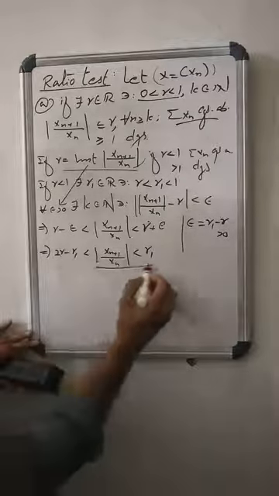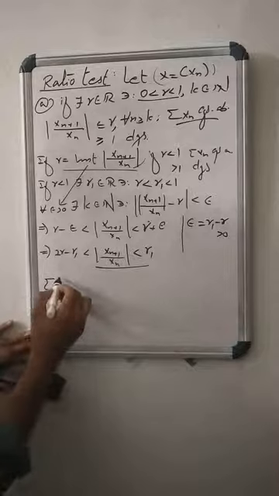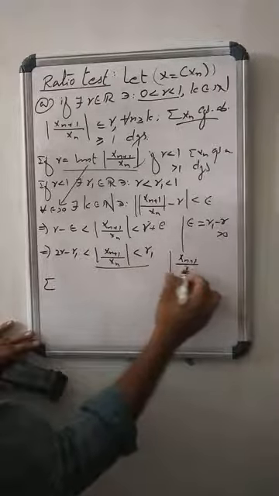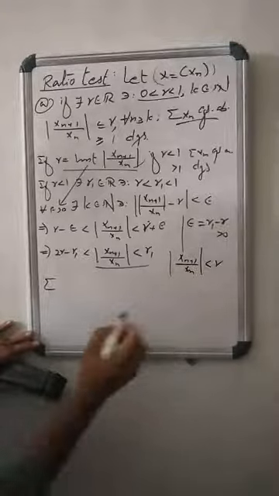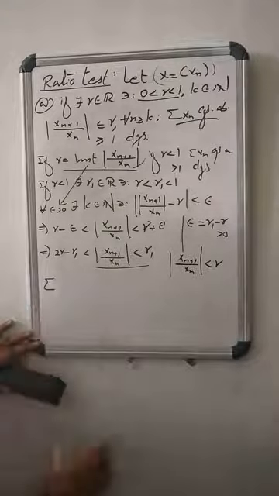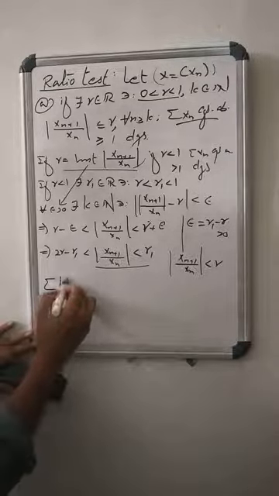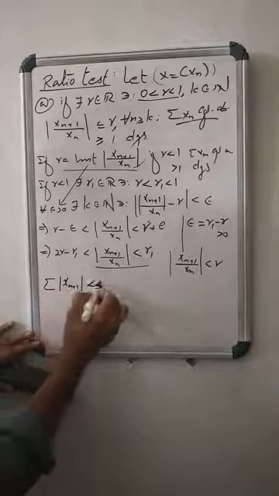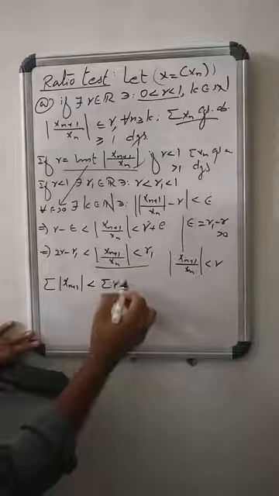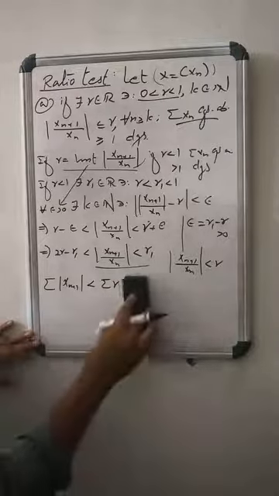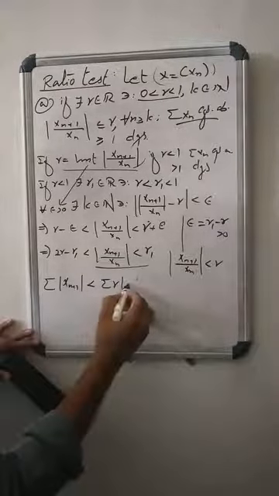Come to the right side inequality. Consider modulus of xn plus 1 by xn strictly less than r1. Then sigma modulus of xn plus 1 is strictly less than sigma r1 into modulus of xn.